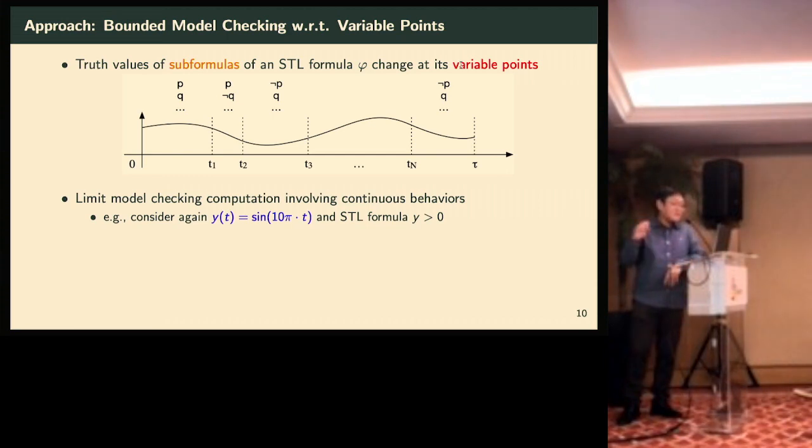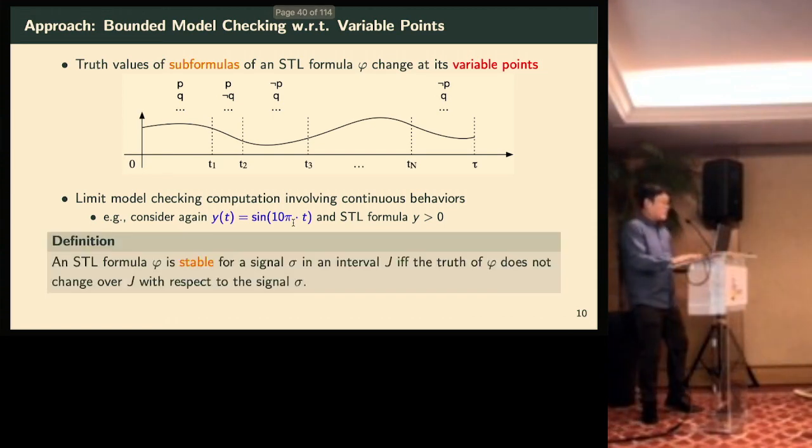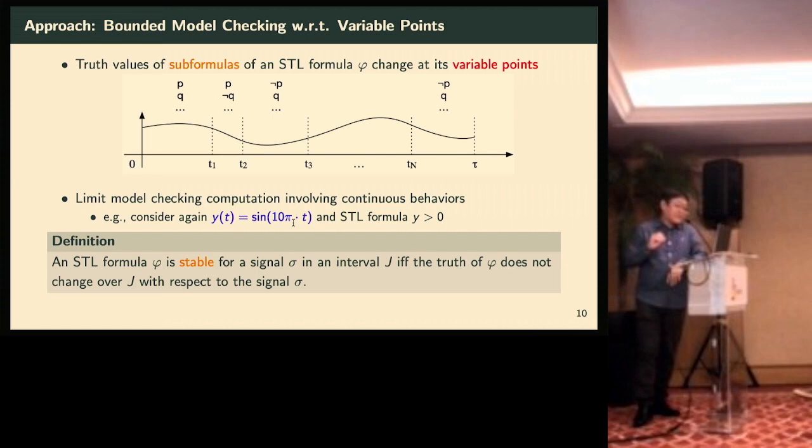Then we can freely limit model checking computation involving continuous behavior, like the previous example of an arbitrarily complex signal. If we limit the computation up to the number of variable points, then it can effectively bound it. Just to give some shortcut terminology, I say an STL formula is stable in an interval if the truth of the formula does not change within the interval.